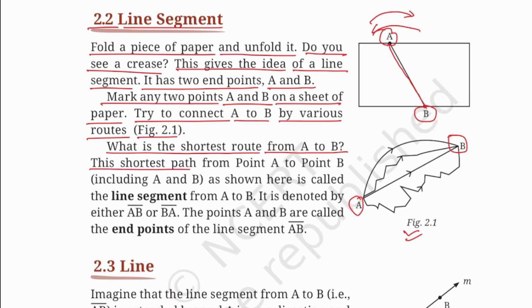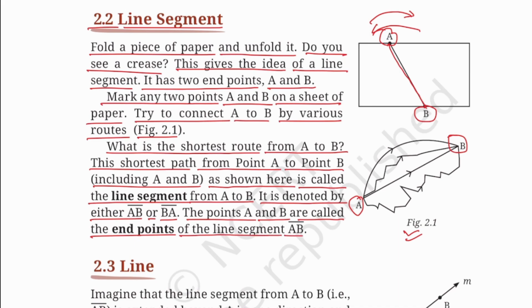This shortest path from point A to point B, including A and B, is called the line segment from A to B. It is denoted by either AB bar or BA bar. The points A and B are called the endpoints of the line segment AB.